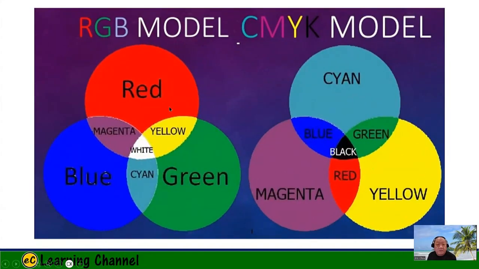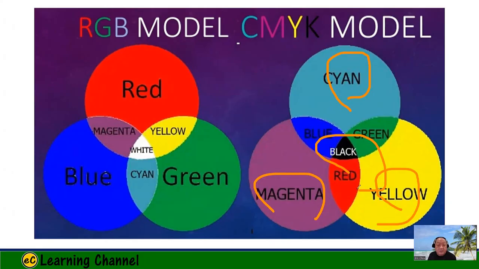Your monitor, your TV, everything that actually goes to your monitor is an RGB system. Anything that you print using a printer or laser printer is all CMYK. So with CMYK, you have cyan plus yellow plus magenta, you make black.